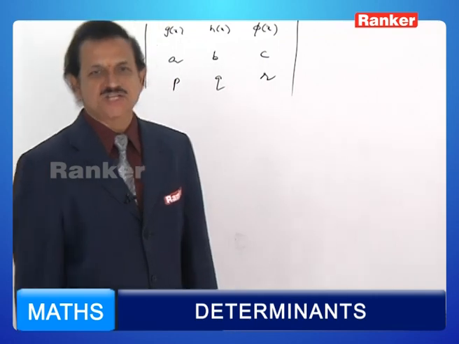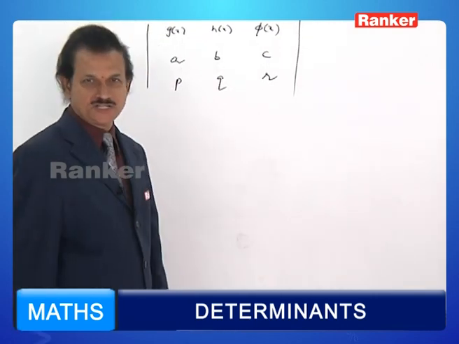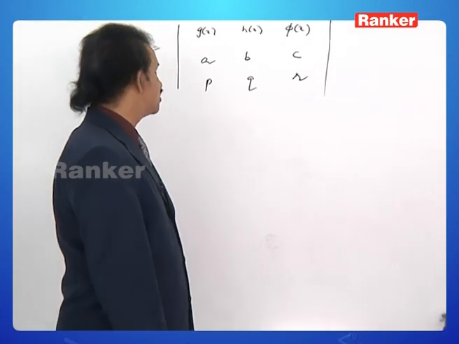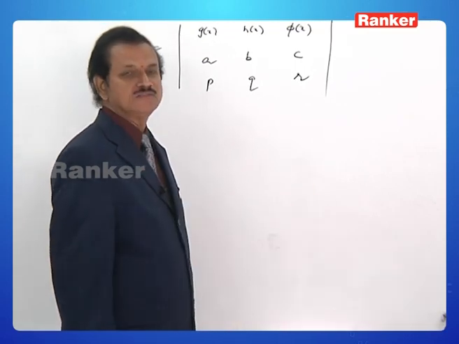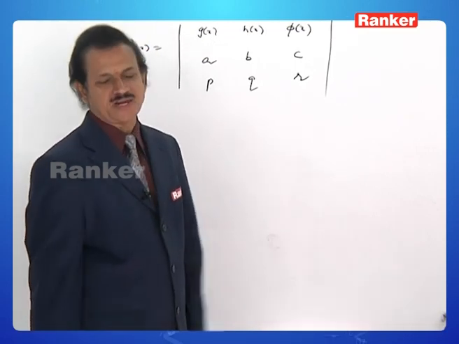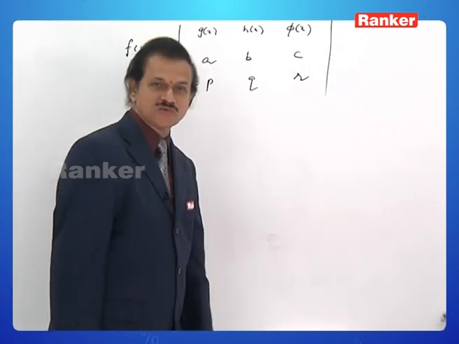Suppose we have a function of this form. Observe the determinant. In this determinant, the first row is filled with some functions or variables, and the second row and third row are of course constants.